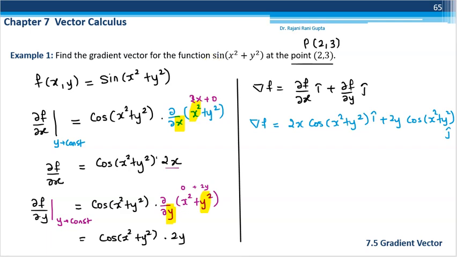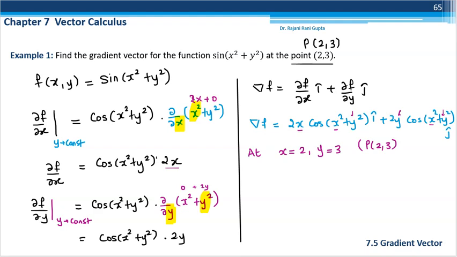Now, you want it at point P, at x equal to 2 and y equal to 3, that is at the point (2, 3). What you have to do is replace x by 2 and y by 3, and you get your value. It's up to you, you can even do the calculation here.